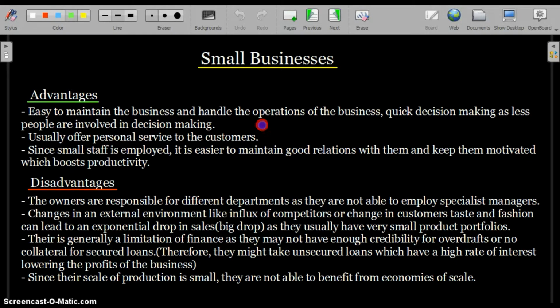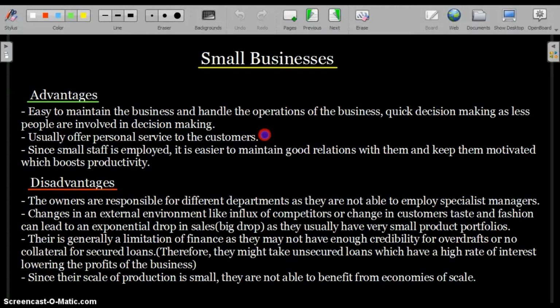Now, it also has another advantage: small businesses offer personal service to the customers, which large businesses don't. So the customers become more loyal to the business, and they don't go to the competition, and that helps them set up a good customer base.